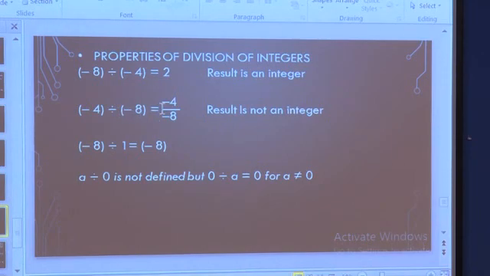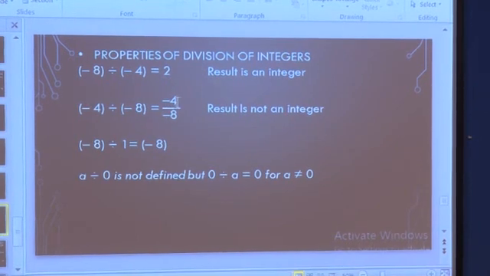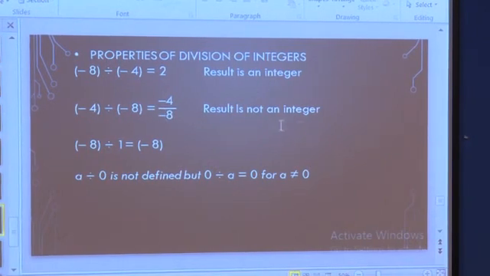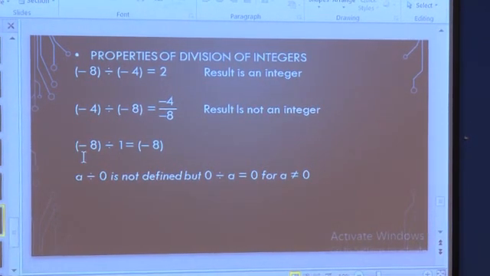Here I had written minus 4 upon minus 8, nothing but a division. I can reduce it, the minus signs get cancelled, but at last I am going to have a fraction. So, the result is not an integer.